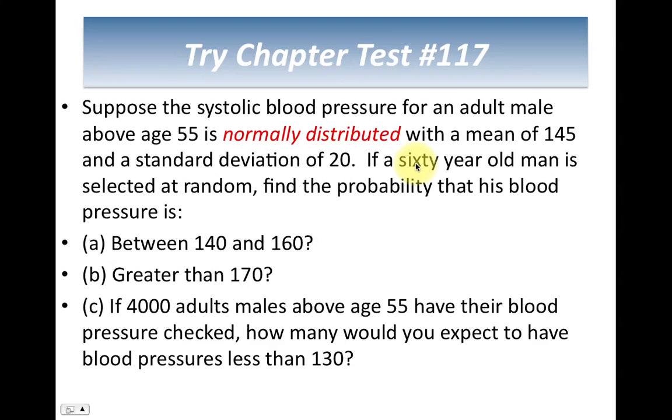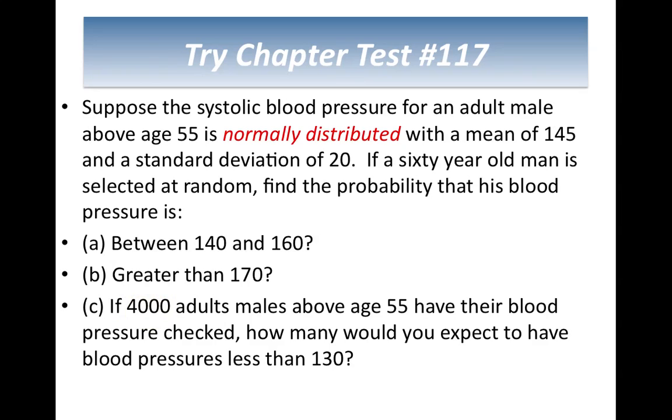Okay? The numbers that are important are the mean of 145, the standard deviation of 20, the raw scores that are put on the horizontal axis, 140, 160, 170, and in this case 130. And for part C, you also have to make use of the fact that you've got a total of 4,000 adults.